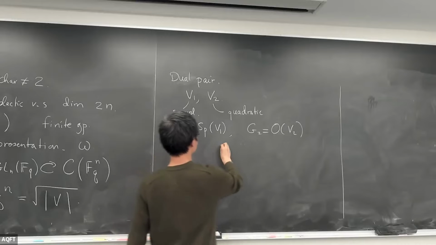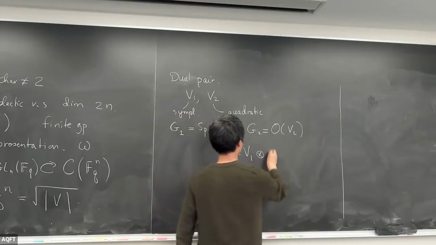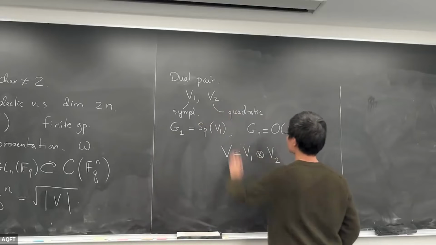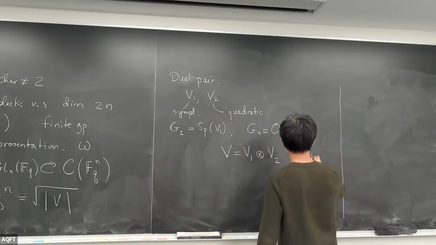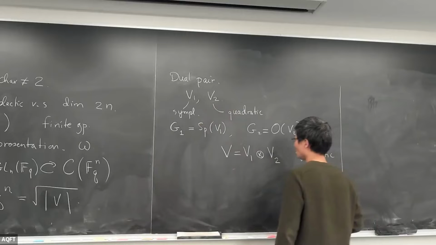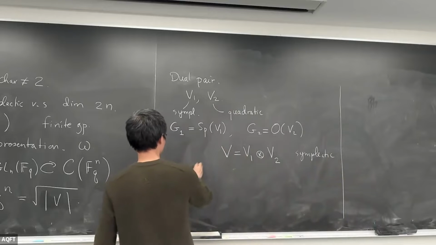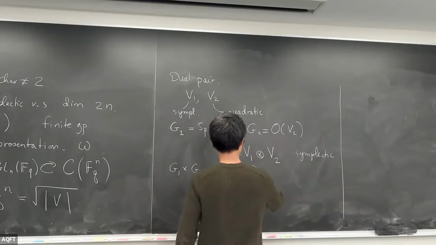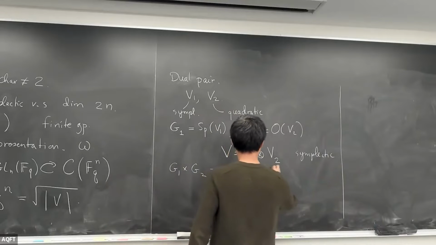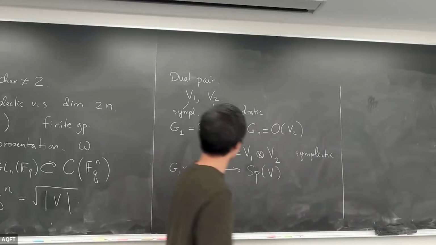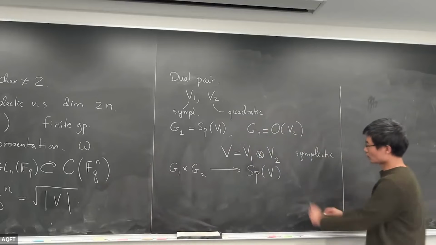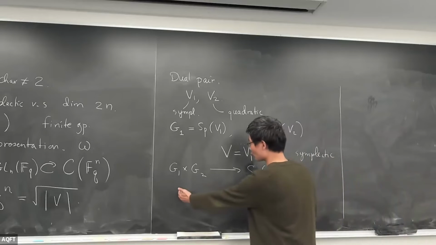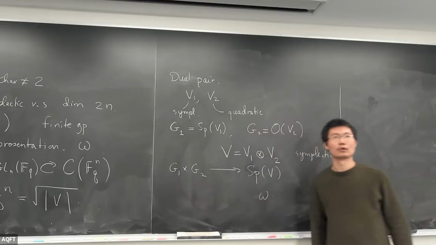And we take V to be the tensor product of the two vector spaces, now equipped with a tensor product of the two forms, so this is still symplectic. G1 times G2 will act on each tensor factor, so that maps to the symplectic group of V. And in the theta correspondence business, we start with the Weil representation of Sp(V) and pull back to the product group and try to understand how it decomposes.